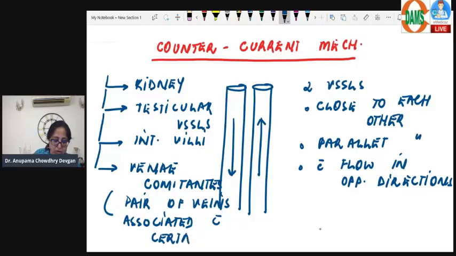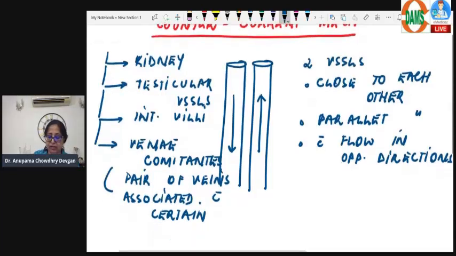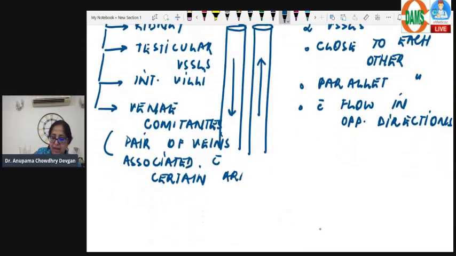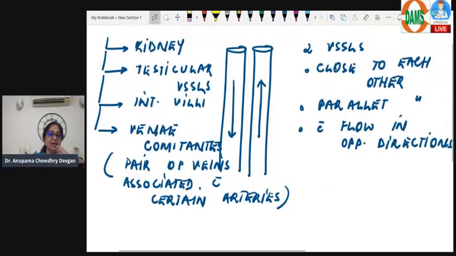They are involved in conserving heat. So these are the areas where you see the counter current mechanism: in the kidney, the testicular vessels, the intestinal villi, and the veni comitantes. Veni comitantes are involved in conserving heat, temperature regulation.